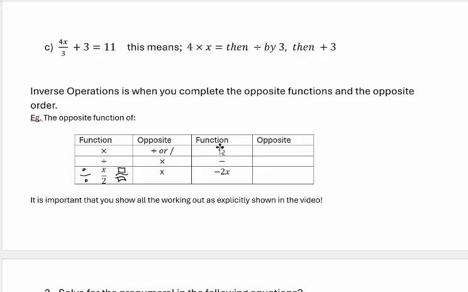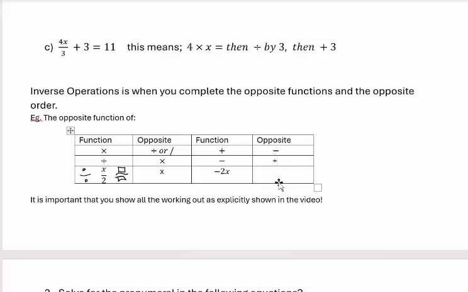What's the opposite to adding or sum, or there's lots of different terms, plussing? What's the opposite? You're right, it's subtraction. What's the opposite to subtraction or takeaway? Again, you would probably be right because you've been doing it forever.